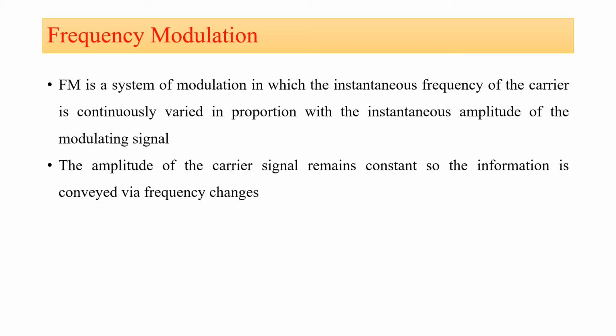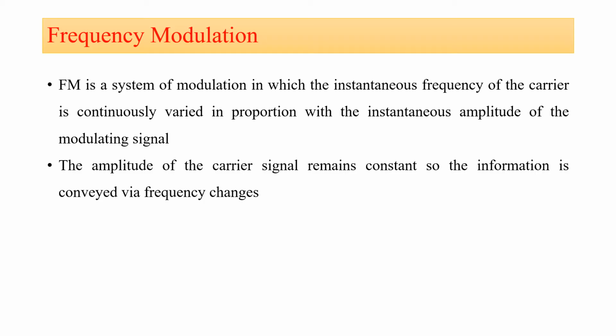But exactly opposite in frequency modulation. Frequency modulation is a system of modulation in which the instantaneous frequency of the carrier signal or high frequency signal is continuously varied in proportion with the instantaneous amplitude of the modulating signal or the low frequency signal.